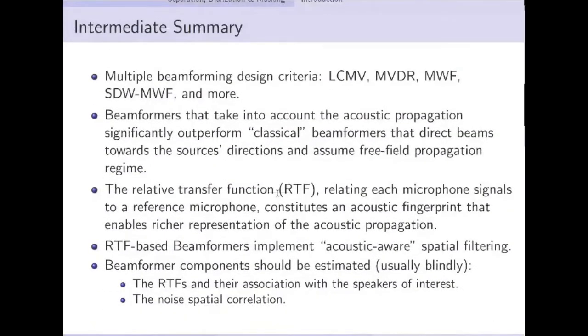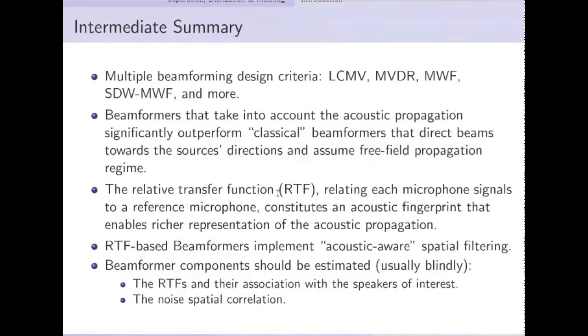I want to remind you what we have established in the first part of the talk. So first of all, we are talking about beamforming algorithms. There were multiple criteria: LCMV, MVDR, multi-channel Wiener filter, and so on. The LCMV will be the major algorithm that we will use, since it is capable of dealing with specific sources.